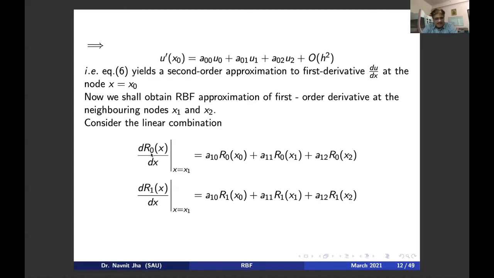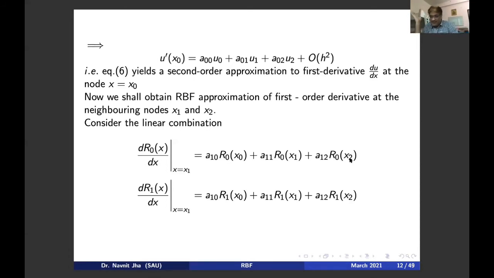I will write here dr naught by dx at x equal to x1 equals a10 r naught at x naught plus a11 r naught at x1 plus a12 r naught at x2. Please note these three weights are different from the earlier weights.